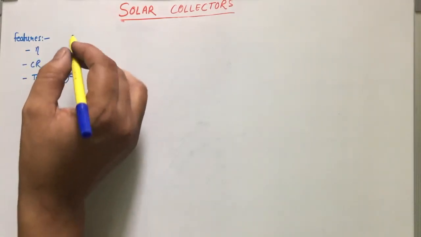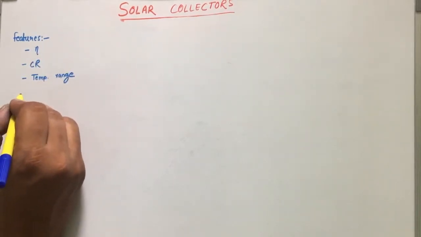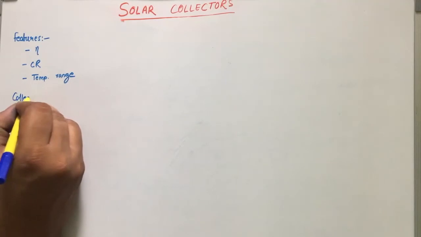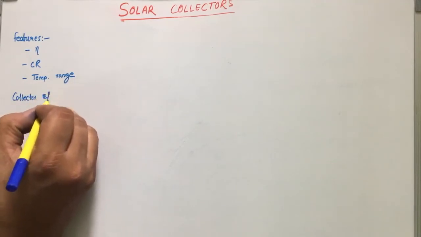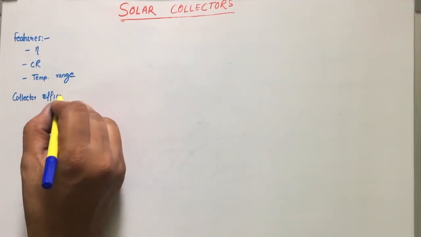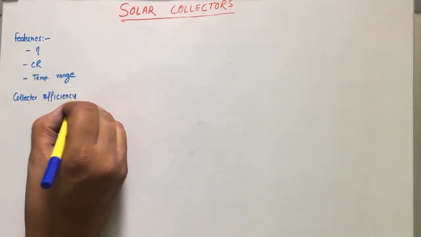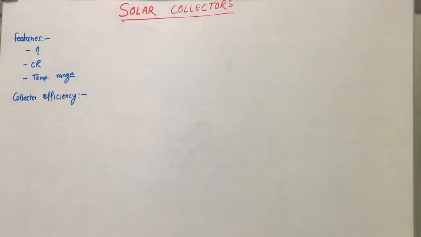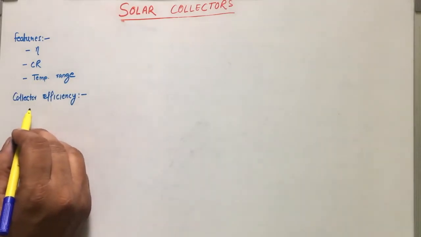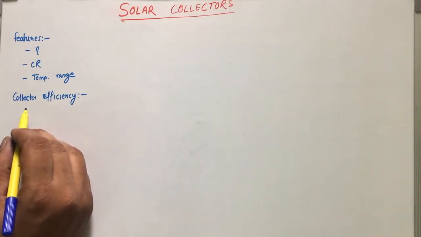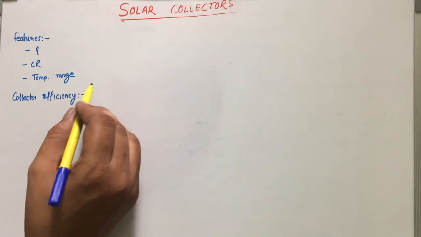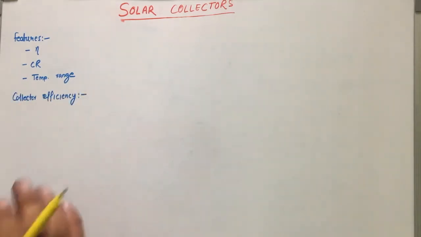So let us discuss the collector efficiency. If we exclude collector and just talk about efficiency, then we can define it easily. Now just add that in case of collector. If we talk about collector efficiency, then we can define it as the ratio of energy actually absorbed by the collector to the energy incident on the collector.